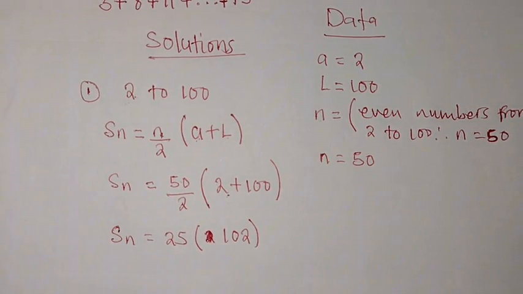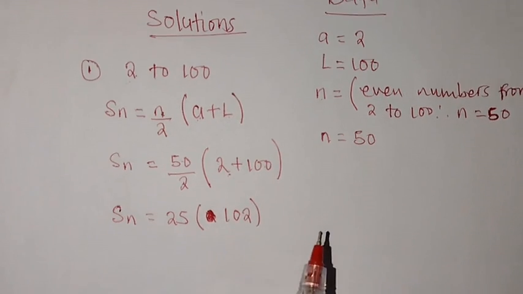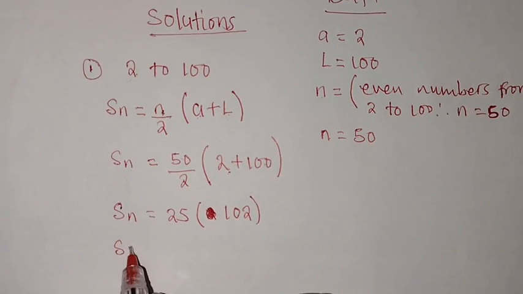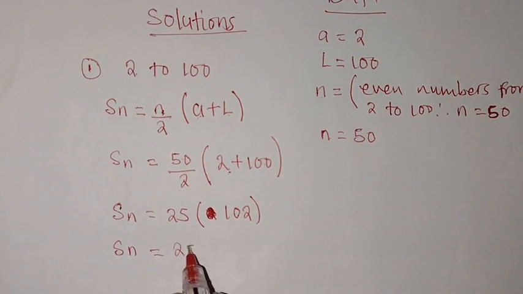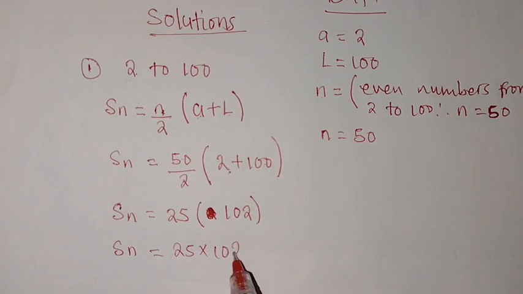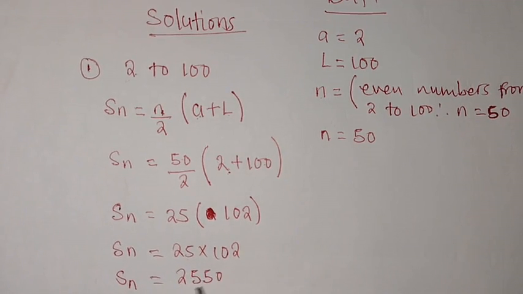Sorry, this is 2 plus 100, 102. So sum is equal to 25 times 102. This will give us 2550. So this is the sum.